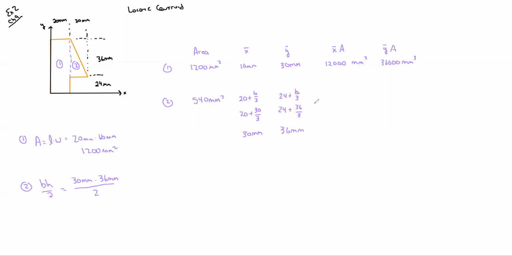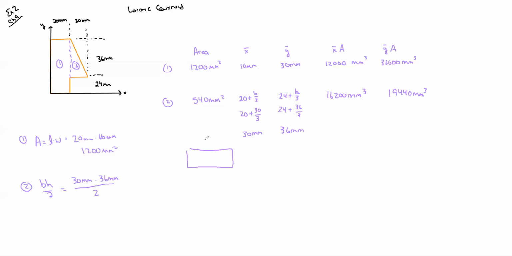Then our multiplication. So 540 times 30 is 16,200 cubic millimeters. And then 36 millimeters times 540 millimeters is 19,440 cubic millimeters. Okay.